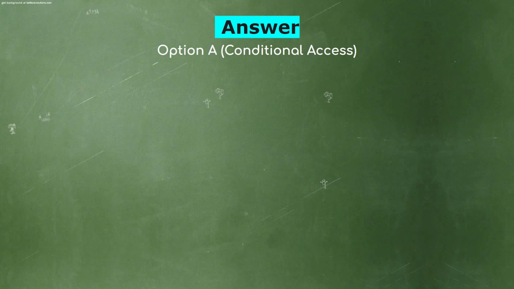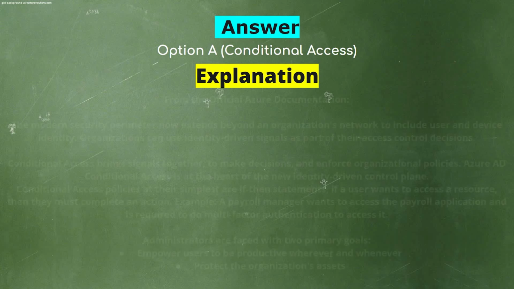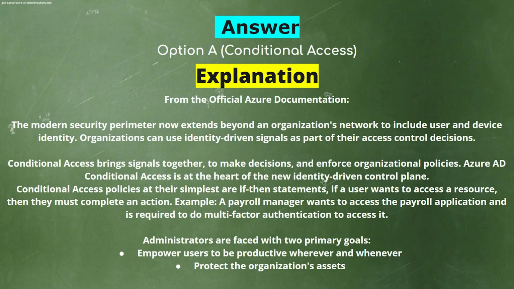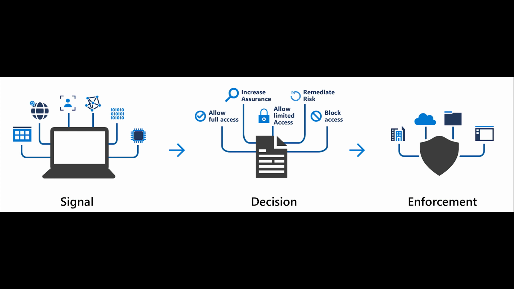Conditional access. Explanation. The modern security perimeter now extends beyond an organization's network to include user and device identity. Organizations can use identity-driven signals as part of their access control decisions. Conditional access brings signals together to make decisions and enforce organizational policies. Azure AD conditional access is at the heart of the new identity-driven control plane.